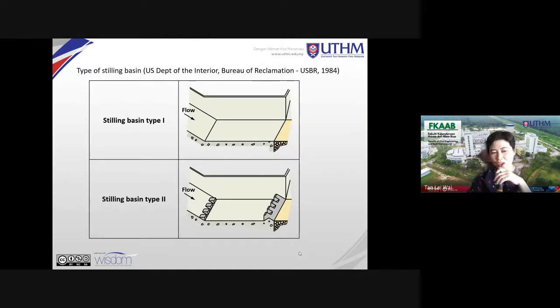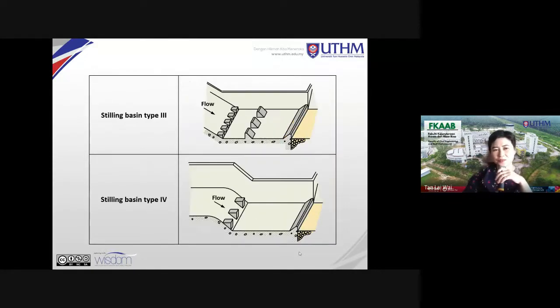You also have type 2. Type 2 has chute blocks and also the end sill. You have type 3. This type 3 is what we are going to learn and design in today's lesson. So you have chute blocks, baffle piers, and then the end sill. So you have three types of structures there for stilling basin type 3.